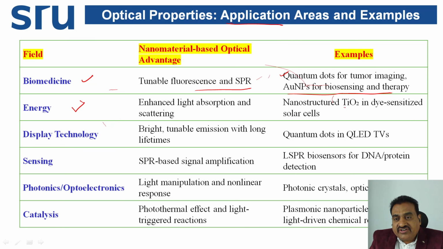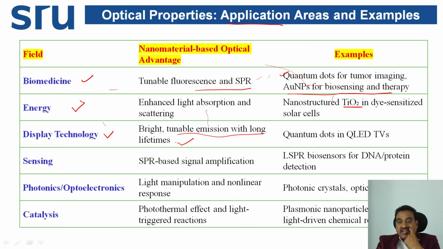Enhanced light absorption and scattering, nanomaterial based advantages. Nanostructured titanium oxide in dye sensitized solar cells are the examples. Display technology: the nanomaterial based optical advantage is bright, tunable emission with a long lifetime.